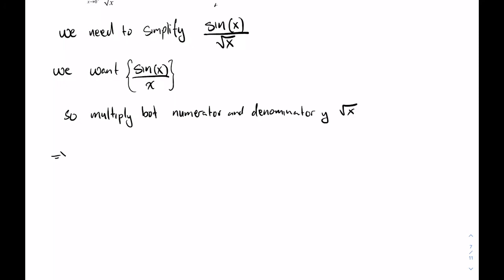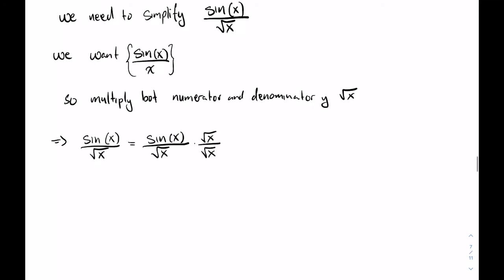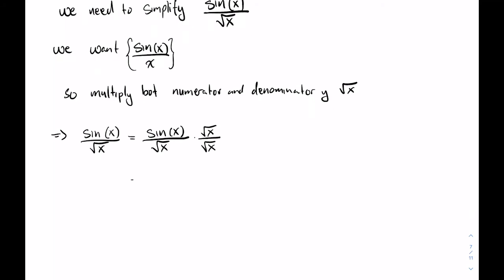This means that sine x over the square root of x is equal to sine x divided by the square root of x times the square root of x over the square root of x, which is equal to sine x over x times the square root of x.